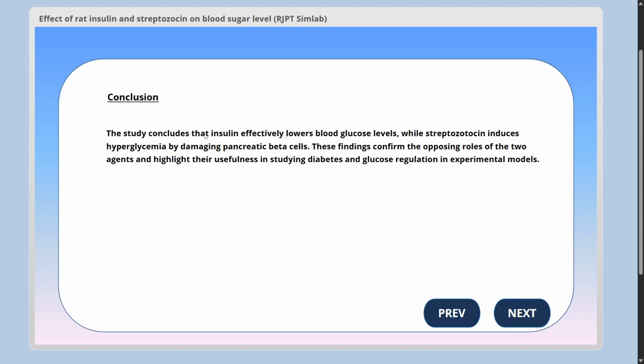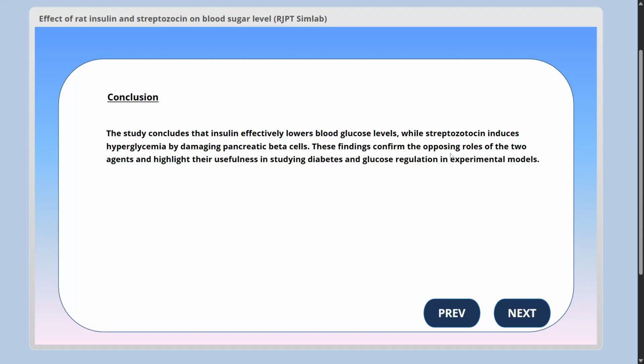The conclusion. Now, let us see the conclusion part. The study concludes that insulin effectively lowers blood glucose level while streptozotocin induces hyperglycemia by damaging pancreatic beta cells.